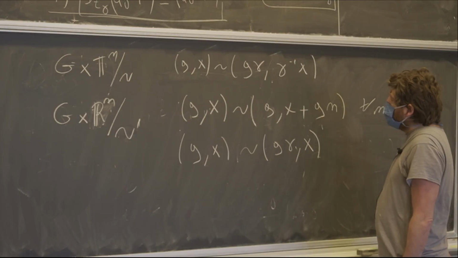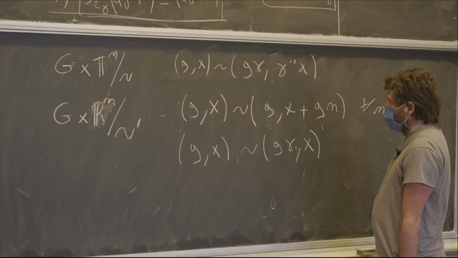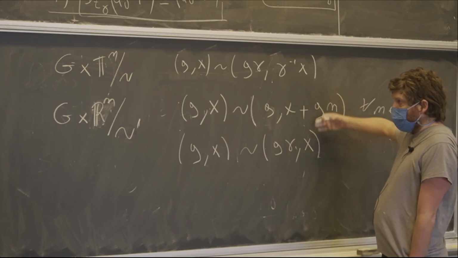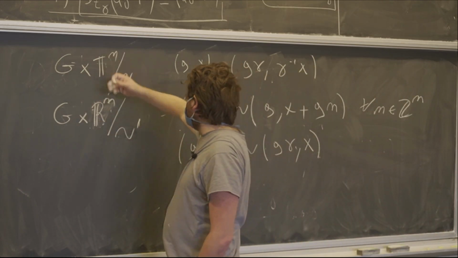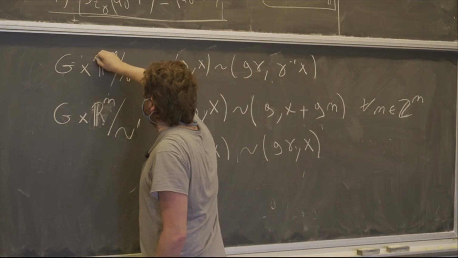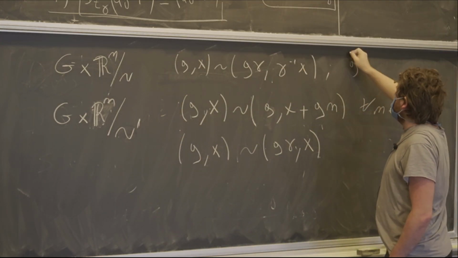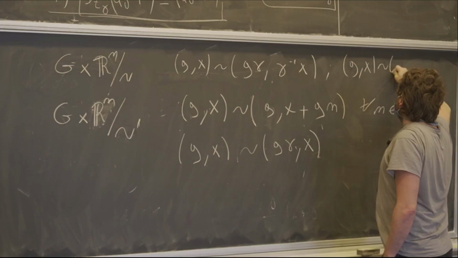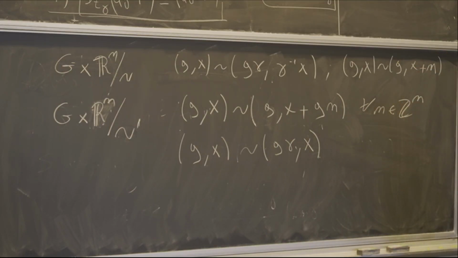So these are two different spaces. Okay, so both are quotients of G times R^n. If you want, here I could put G times R^n, and then it's this relation as well as Gx and n is in Z^n.